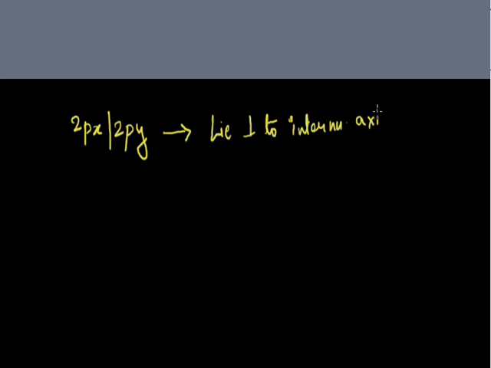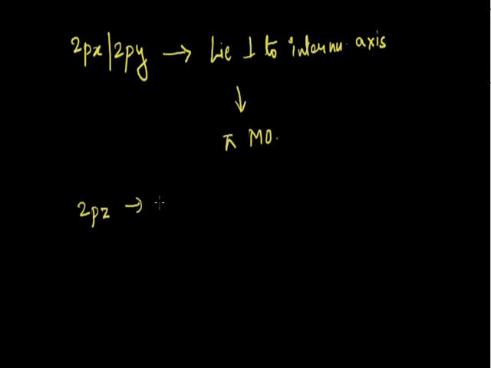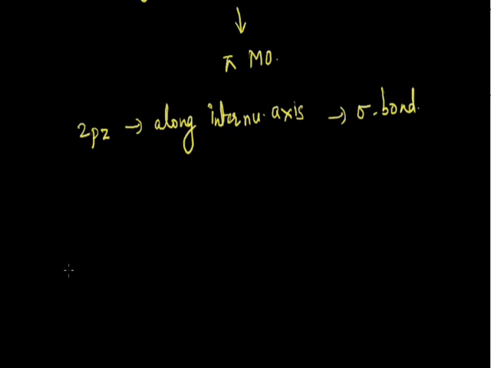The 2px and 2py orbitals lie perpendicular to the internuclear axis and lead to the formation of pi molecular orbitals. The 2pz orbital lies along the internuclear axis and leads to the formation of a sigma bond. Now let us see the energy level diagram.